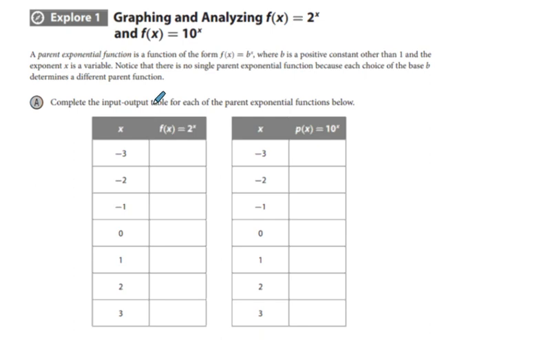And what we have is that if we have x and f of x, well, 2 to the power of negative 3 is going to be equal to 1 over 2 to the 3rd power, which equals 1 over 8.